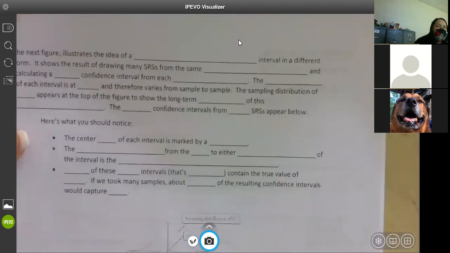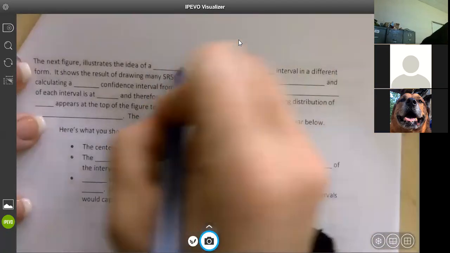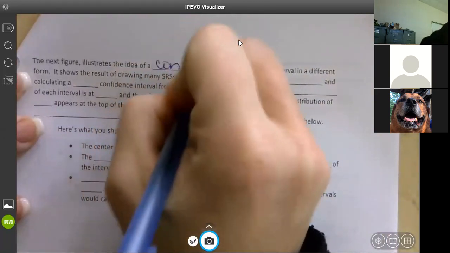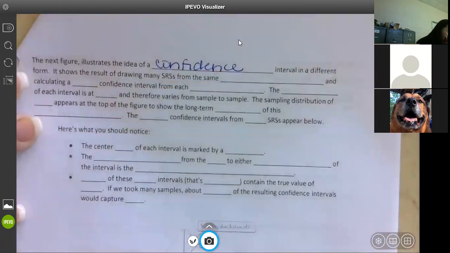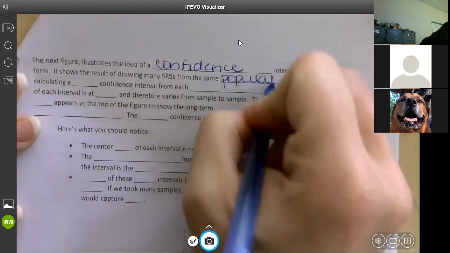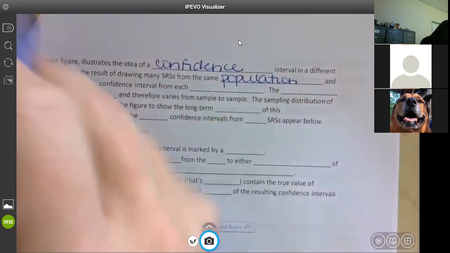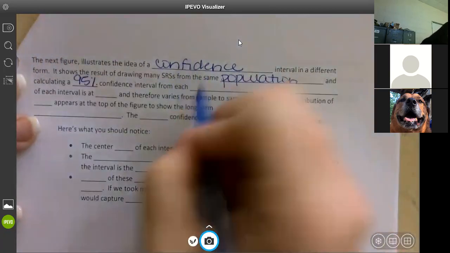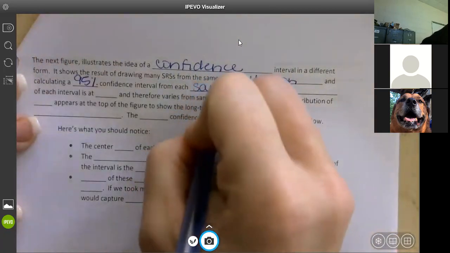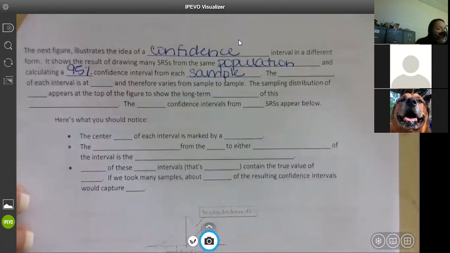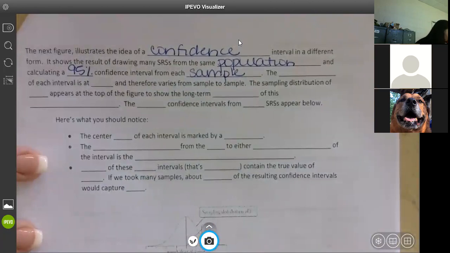The next figure illustrates the idea of a confidence interval in a different form. It shows the result of drawing many SRSs from the same population and calculating a 95% confidence interval from each sample. So this time, instead of doing it from the population, they're doing it from the sample.